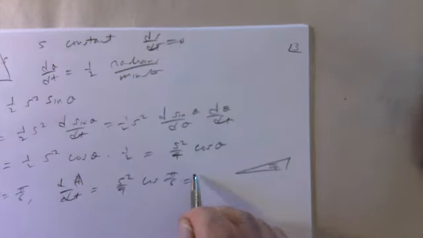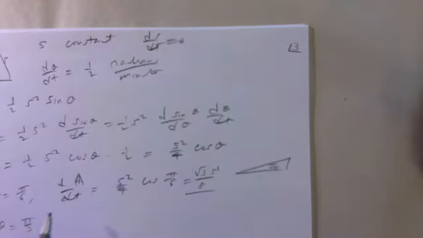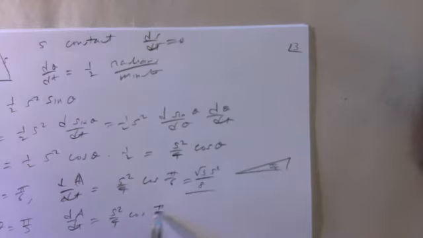So this is √3 s squared over 8. When theta is pi over 3, dA/dt is s squared over 4 cosine of pi over 3, which is a half. So it's s squared over 8.